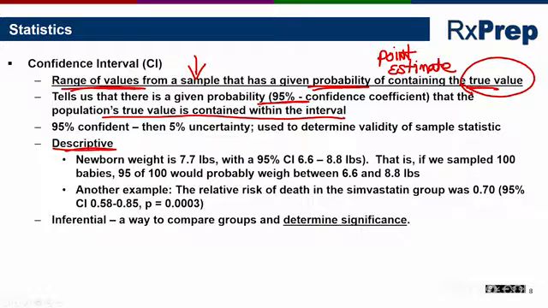So if we look at one trial talking about newborn weight, it is 7.7 pounds, confidence interval 6.6 to 8.8 pounds, at this one hospital. Therefore, if you sample 100 babies, since it's 95%, 95 of the 100 babies would probably weigh within this confidence interval.